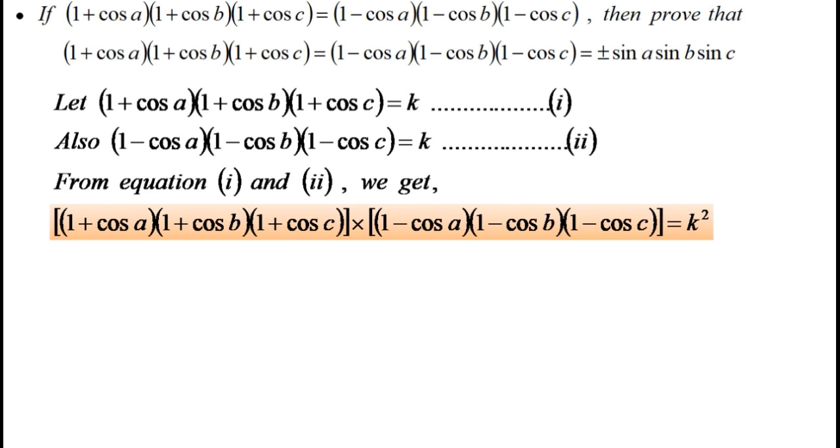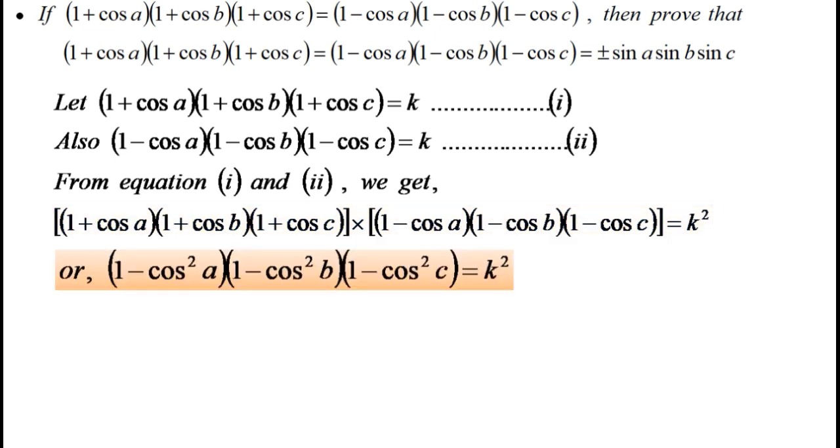Then 1 plus cos A into 1 minus cos A, we get 1 minus cos square A. Similarly, 1 plus cos B into 1 minus cos B is 1 minus cos square B, and 1 plus cos C into 1 minus cos C equals to 1 minus cos square C, or 1 minus cos square A into 1 minus cos square B into 1 minus cos square C equals to k square.